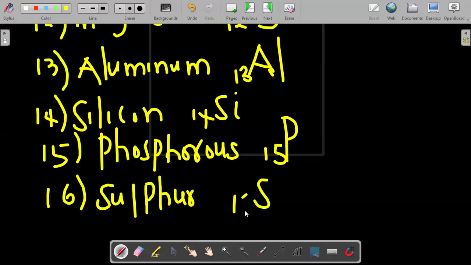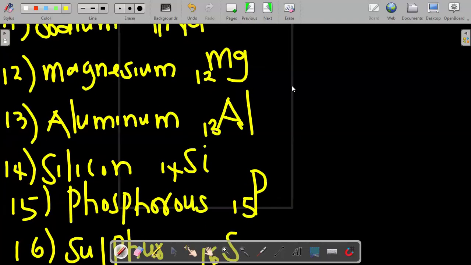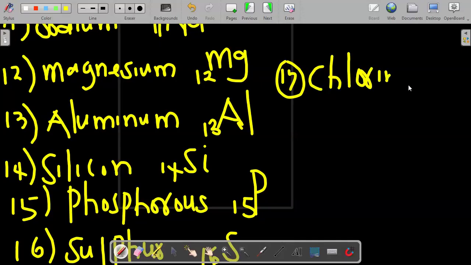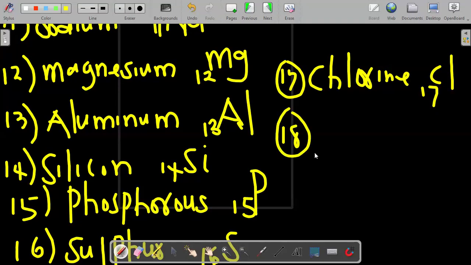which is S16. Then number 17, we have chlorine, Cl17. Number 18, we have argon, which is Ar18.